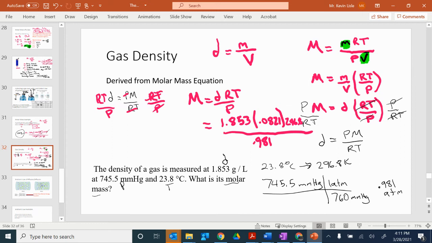Let's do the math. 1.853 times 0.0821 times 296.8 divided by 0.981, and I get a molar mass of 46.0 grams per mole.